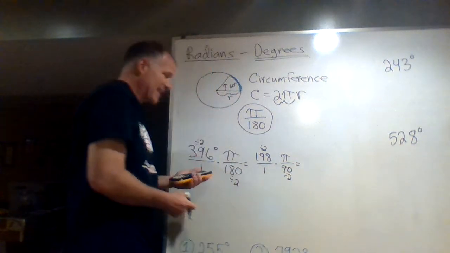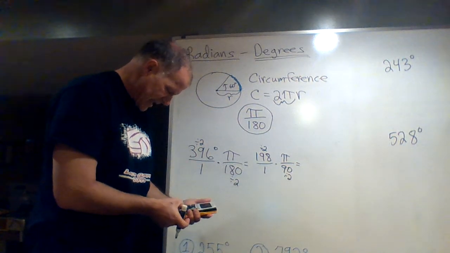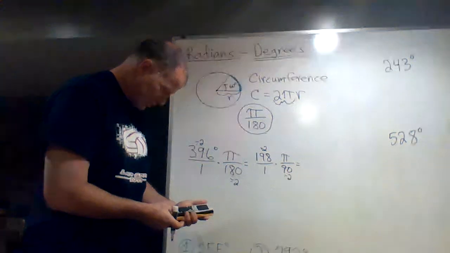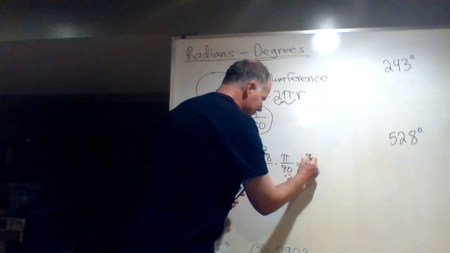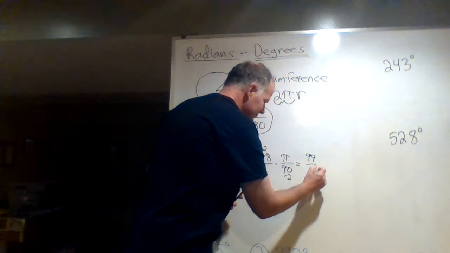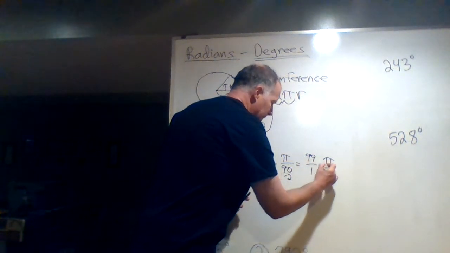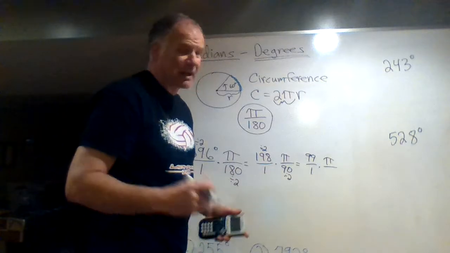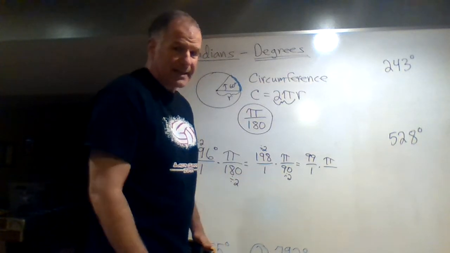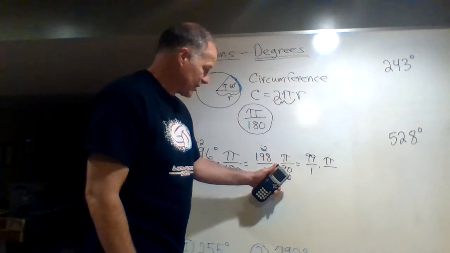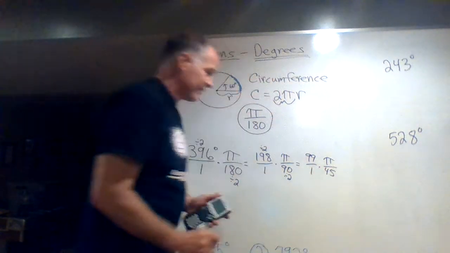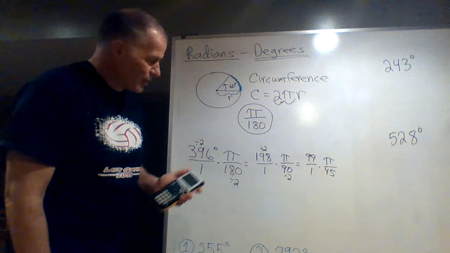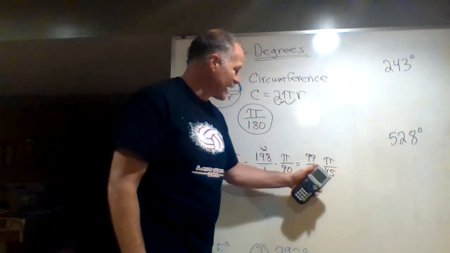If you can't tell anything else, you keep going. 198 divided by 2 is 99. 90 divided by 2, 9 divided by 2, I know that one, 45. So I've got 99 and 45.